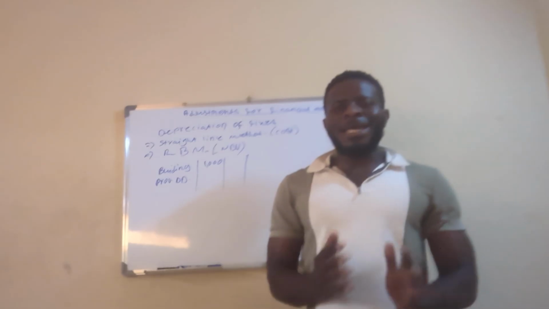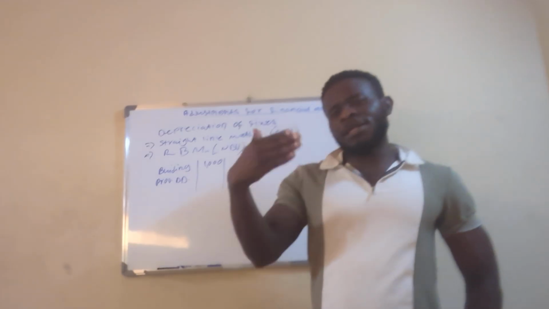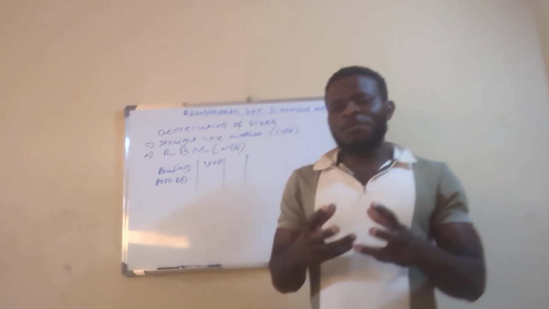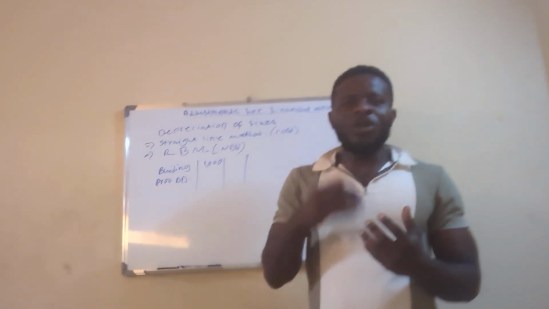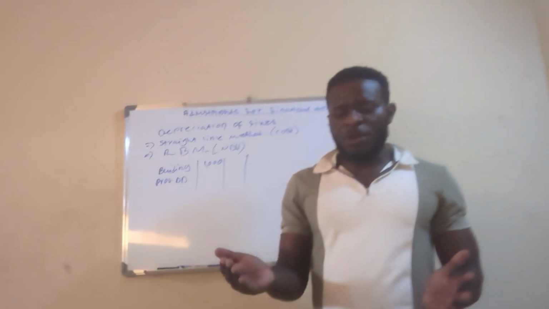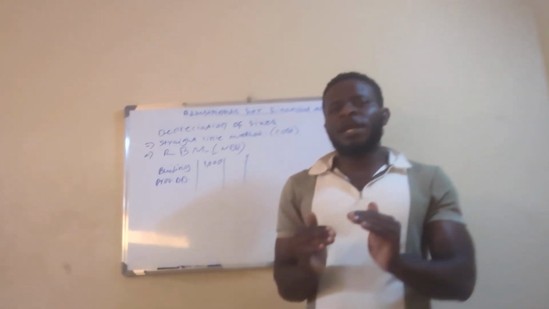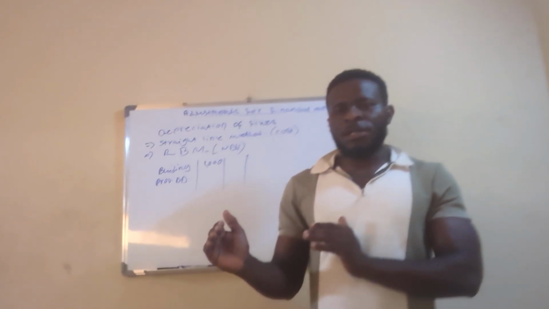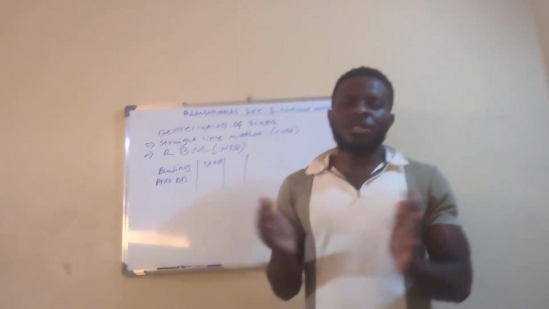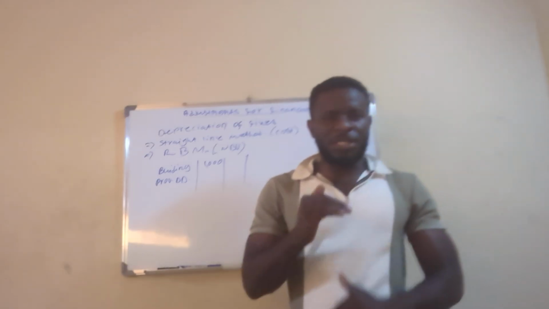You sit down and estimate how that particular asset is going to depreciate. Once you start using that item, it goes through the process of wear and tear. It begins to depreciate a bit.